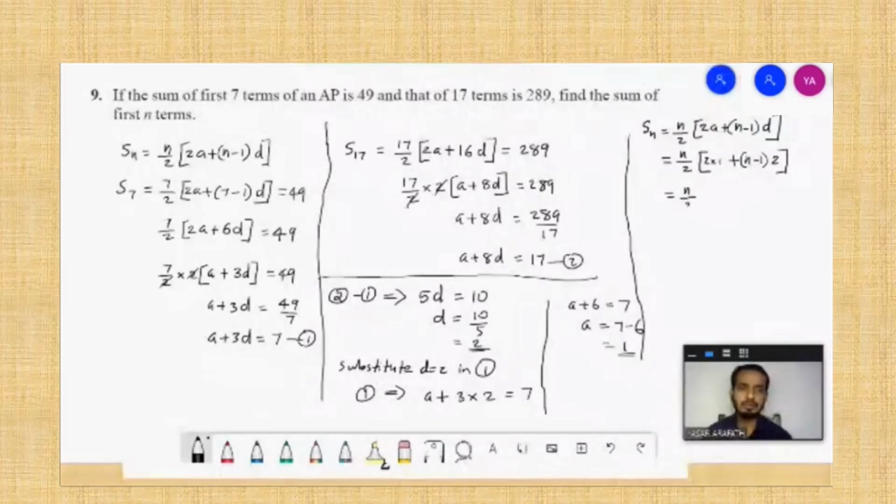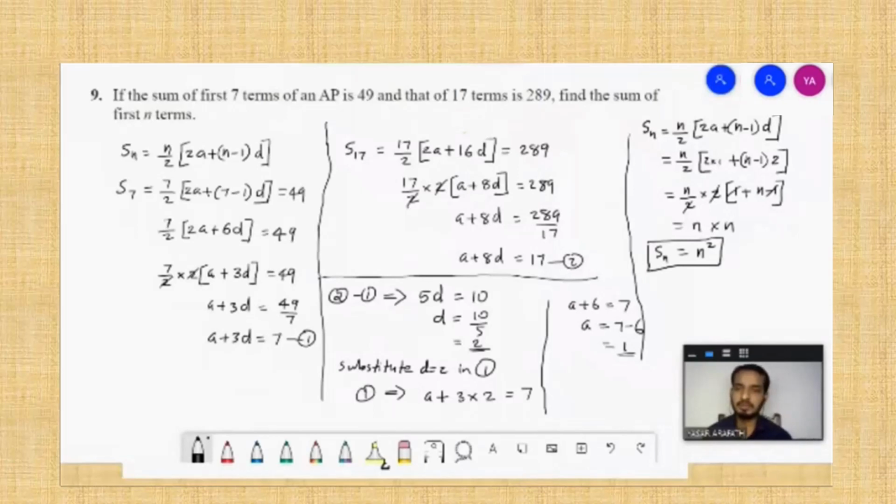So n by 2 into 2 we take outside the bracket, and inside the bracket it will be 1 plus n minus 1. Here 2 and 2 you can cancel, and plus 1 and minus 1 you can cancel. So what remains? n into, inside the bracket, another n. So n into n gives you n square. So Sn is equal to n square, the sum of n terms of this arithmetic progression.